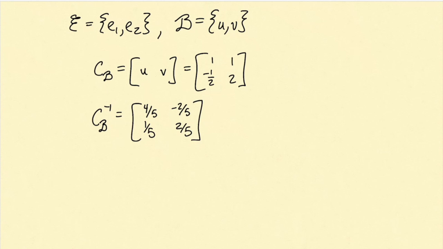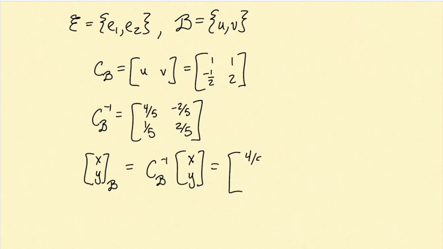In order to convert our original point, which had an x-coordinate and a y-coordinate, into our new uv coordinate system, we simply take this vector (x, y) and multiply it by this second matrix. When we do this, we get the vector expressed in u and v coordinates: 4/5 x minus 2/5 y, and 1/5 x plus 2/5 y.